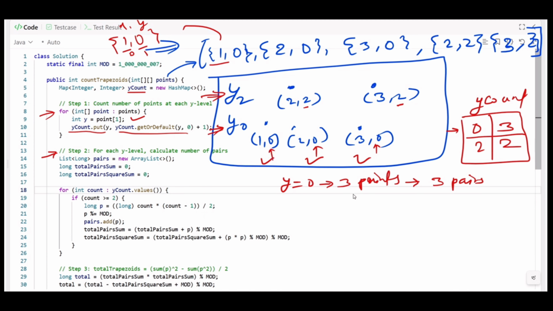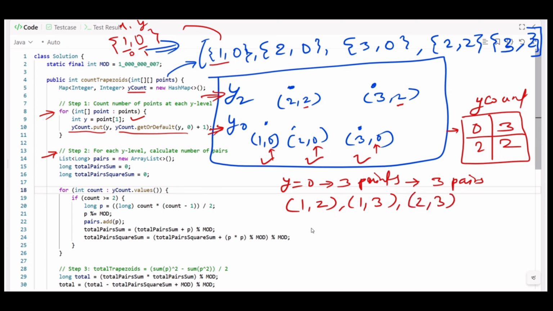So when we have 3 pairs, what are those pairs? Let's suppose we represent them on the line. The very first pair was from 1 to 2, then from 1 to 3, and then 2 to 3. So these are the pairs.